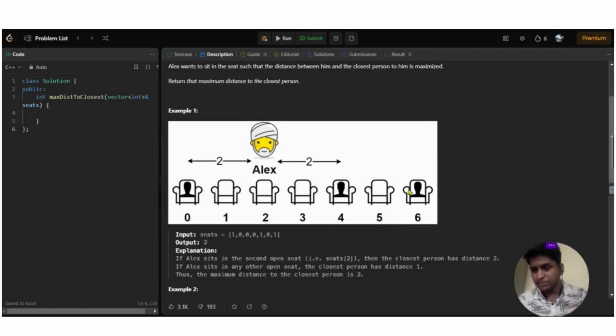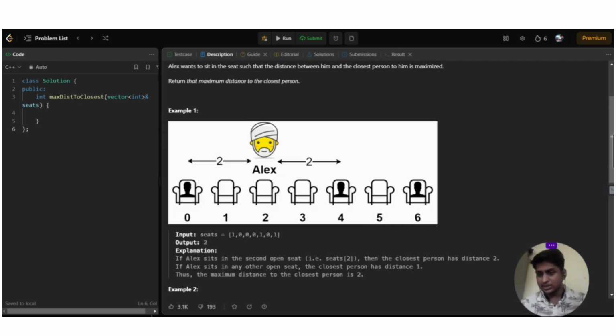Now we have to check where we should place Alex so that the distance is maximized, and then we have to return that distance. So let's check where Alex can sit. Let's start from the back; we can start from the front also, but let's go from the back side. At the sixth position someone else is sitting, so we cannot make Alex sit there. So let's start with the fifth index, because this is the first empty seat.